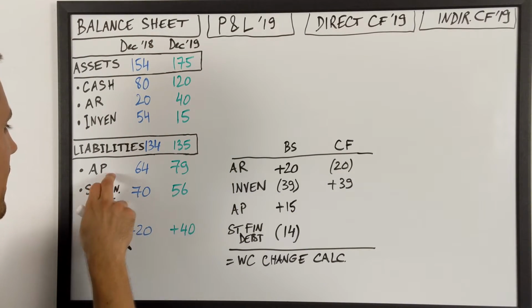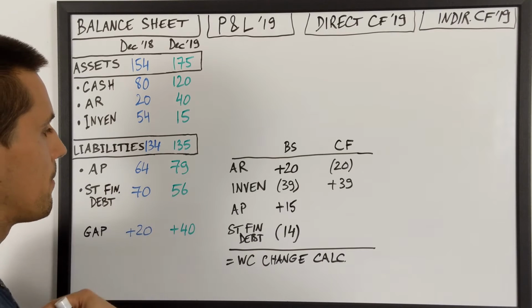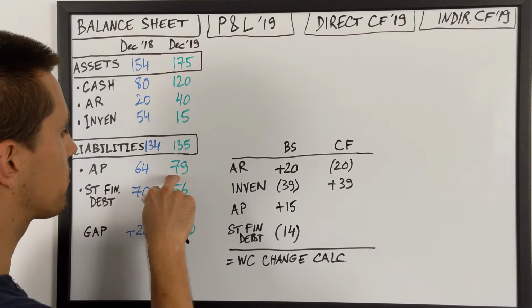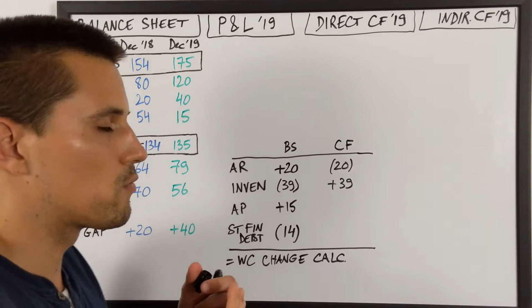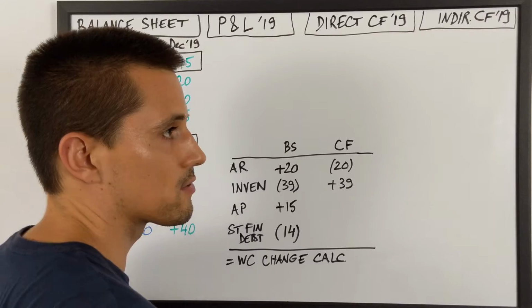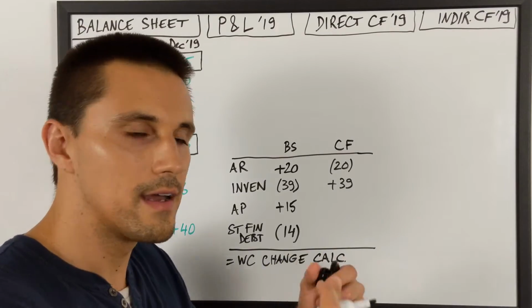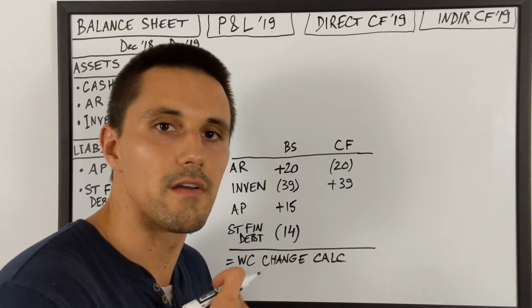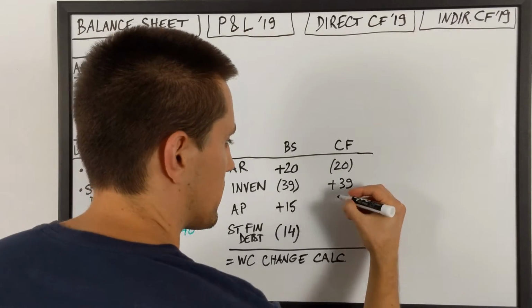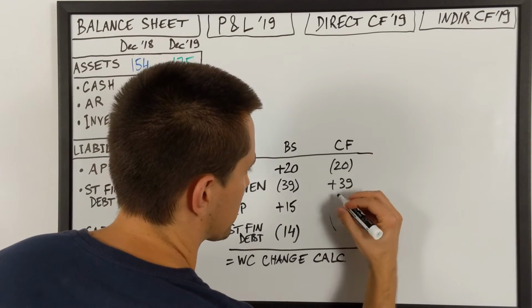As you can see, last year I had a debt to my suppliers of 64, and it went up to 79, which just means I paid slower. That's a good sign, because when you pay your supplier slower, right now it's a positive cash effect because the money is still on your side. So that's plus 15.